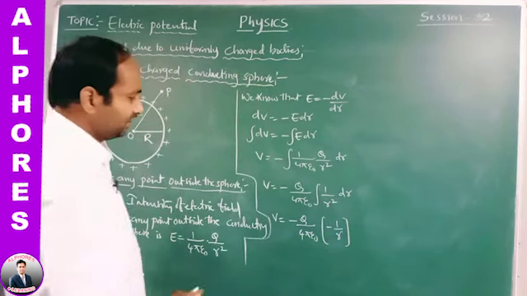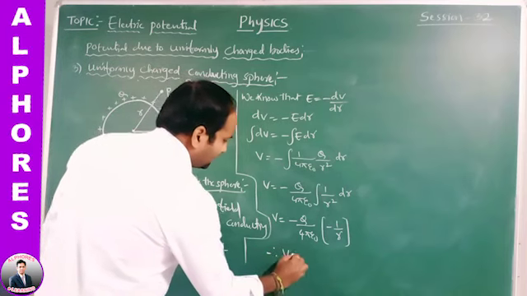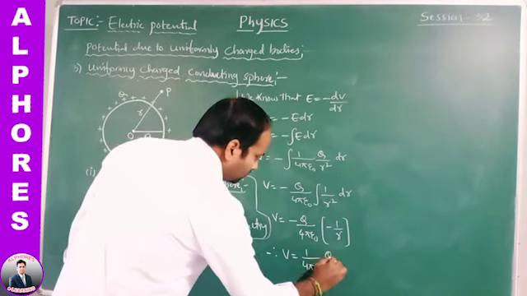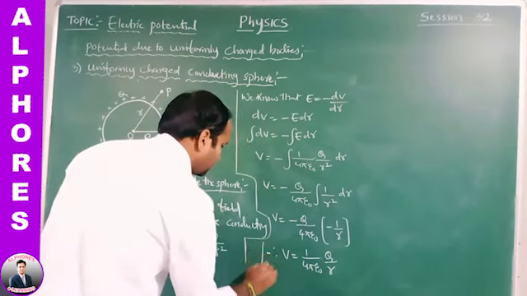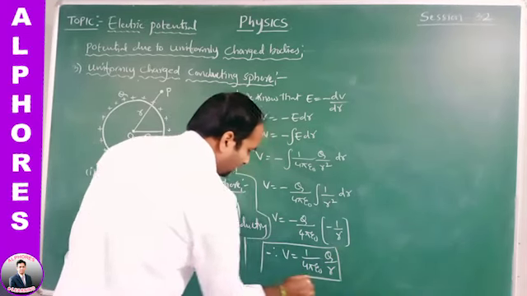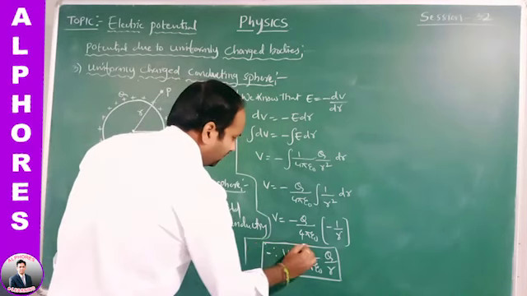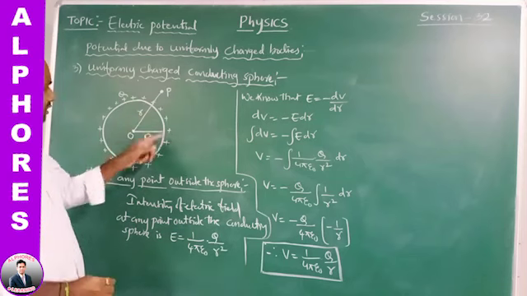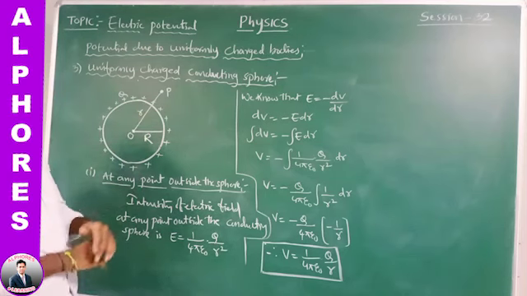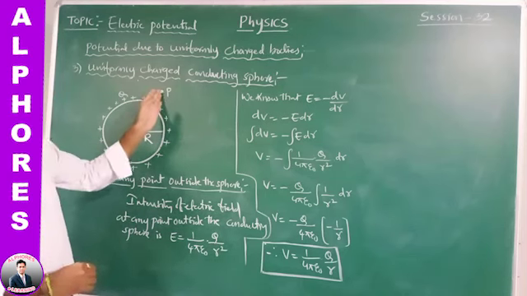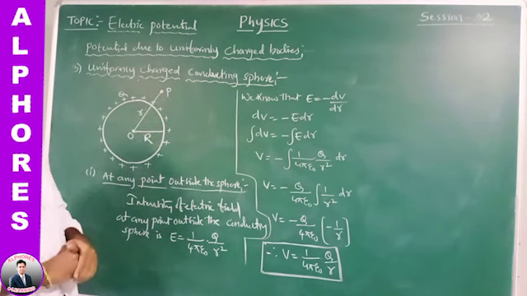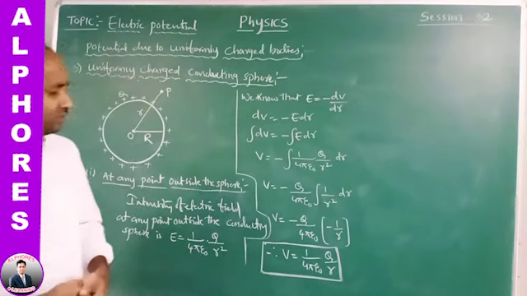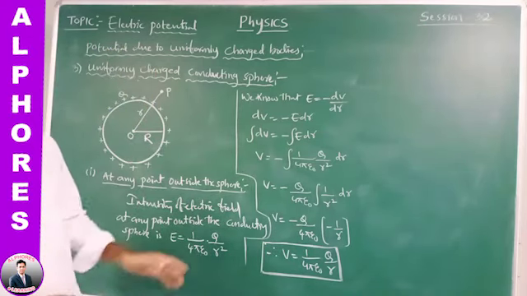Therefore, V is equal to 1 by 4 pi epsilon naught Q by r, the potential at any point outside the conducting sphere. If Q is the charge given to the conducting sphere of radius R, then the potential at any point outside the sphere is V equal to 1 by 4 pi epsilon naught Q by r.